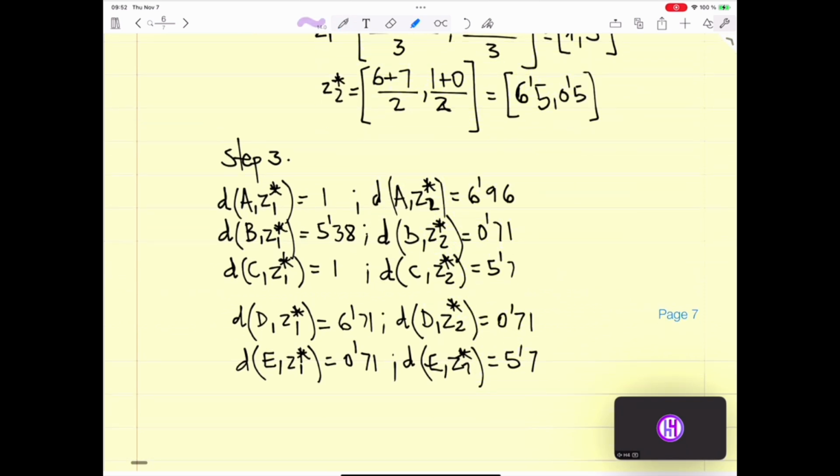So I choose group 1 for A, group 2 for B, group 1 for C, group 2 for D, and group 1 for E. So the same groups that we had remain constant.